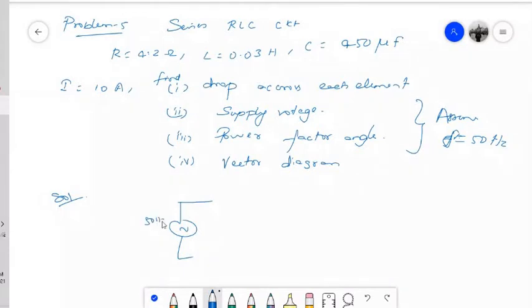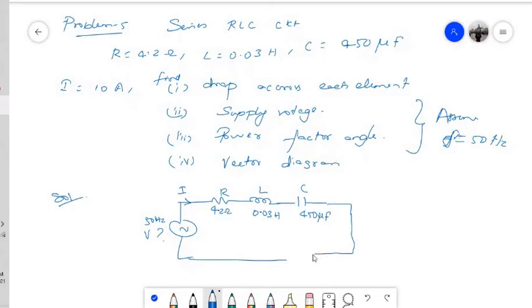This is a 50 Hertz source as per the given assumption, and we need to find this V, and we have R, L and C. R is 4.2 ohm, L is 0.03 Henry and C is 450 microfarad, and this current I is given to be 10 ampere. Now you are asked to find the drop across each element. Okay, the voltage drop across each element.